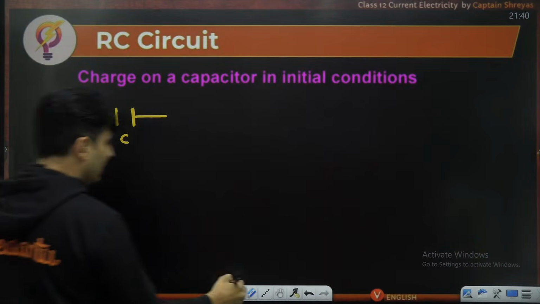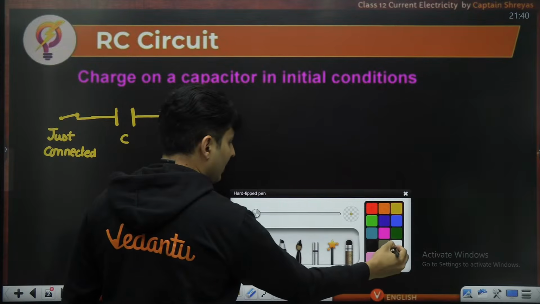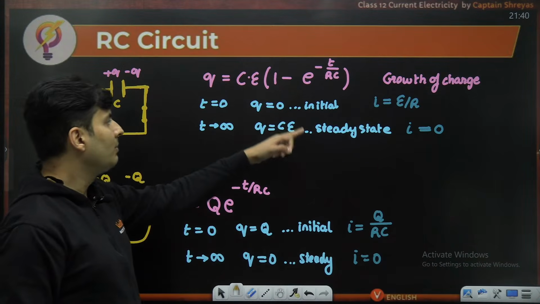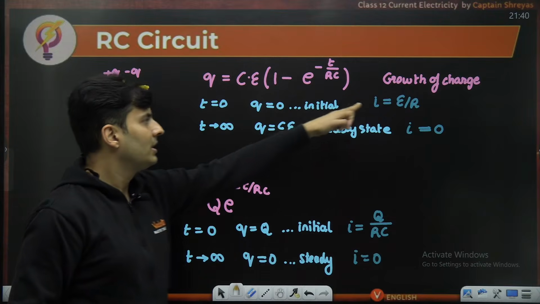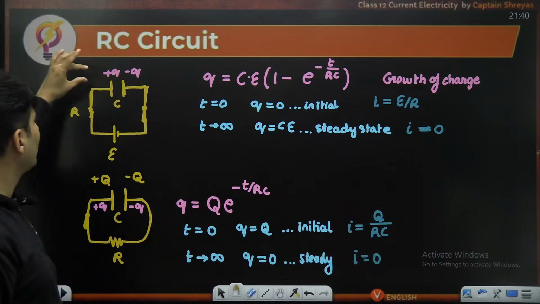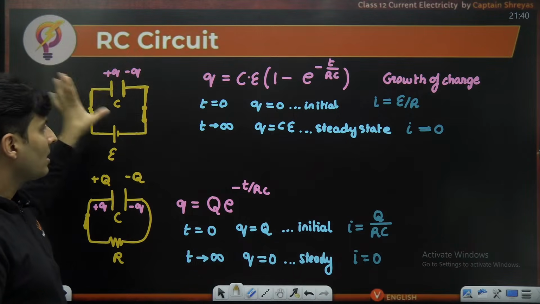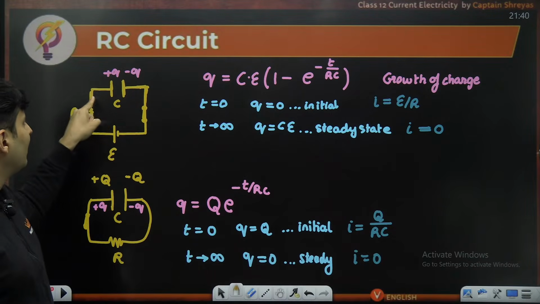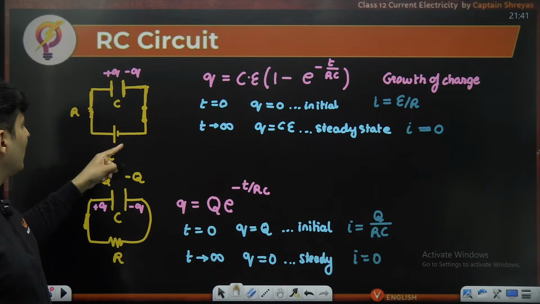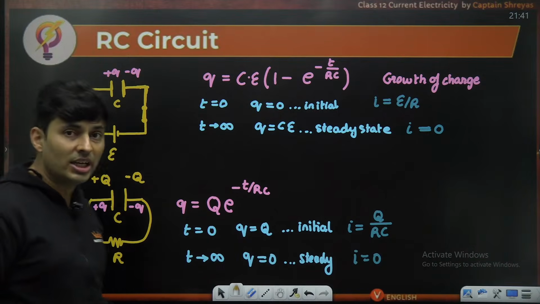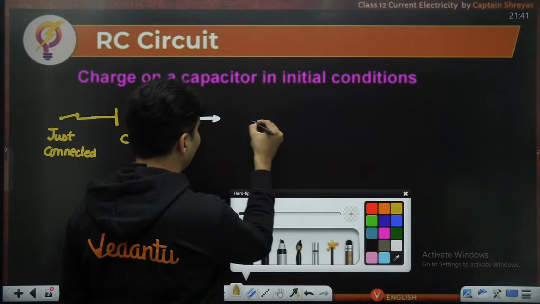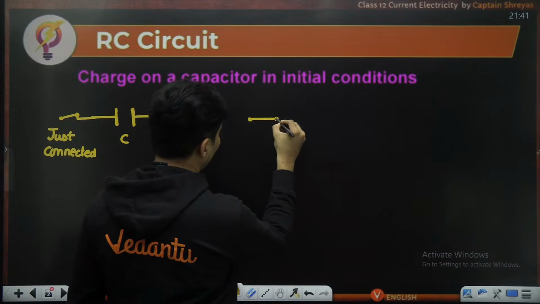Then this capacitor, as you can see over here, behaves as if there is no capacitance only, because the current in the circuit is E by R. So if there was a wire here, the current will be E by R. So initially, it behaves as if that capacitor has just vanished for that particular moment.